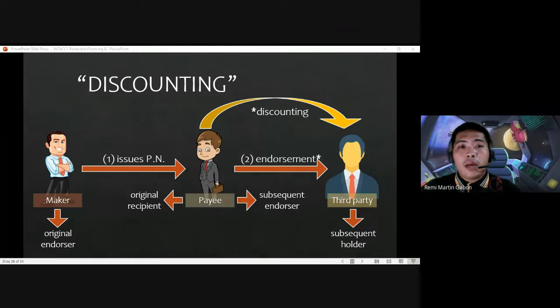So discounting starts when the payee, the original recipient, becomes the subsequent endorser and discounts by endorsement the promissory note to a third party. That's the basic of our discounting.